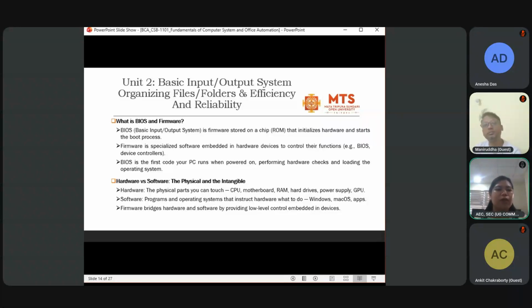Firmware bridges hardware and software. What is firmware? It bridges your system hardware and the software, connecting them by providing low level control embedded in the device.